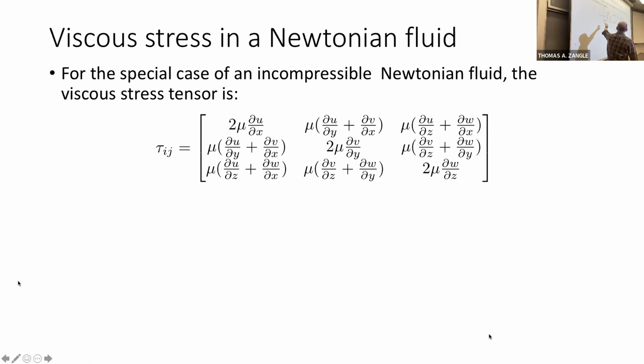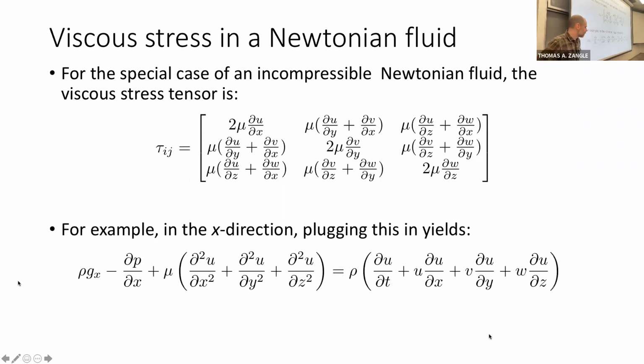But we can write tau ij in this form for an incompressible Newtonian fluid. And now if we take this and we plug it back into the momentum balance equation that we had previously, and we resolve that del dot tau ij operator, again, the definition of which is beyond the scope of this class, then we end up with this expression for example, for the x direction momentum balance.